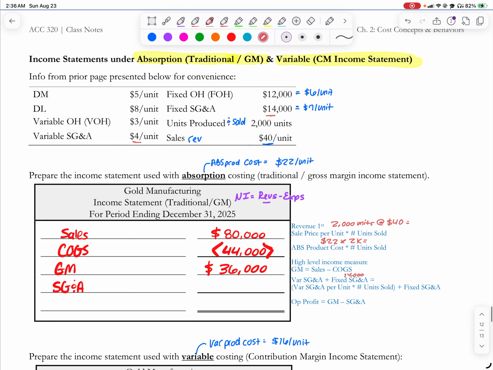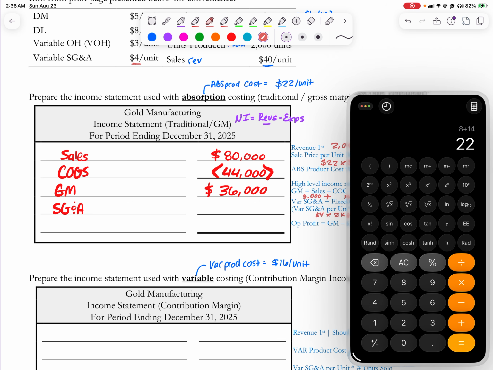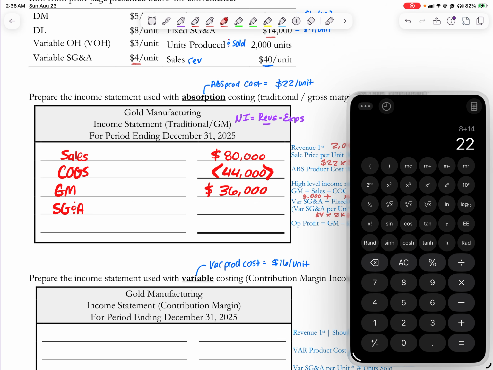Variable SG&A was $4 per unit times, this is a selling cost, so times the number of units that I sold. 4 times 2,000 is 8,000 in variable. 8,000 plus 14,000 is a total of 22,000 in total SG&A.